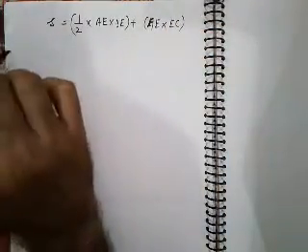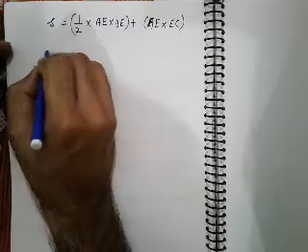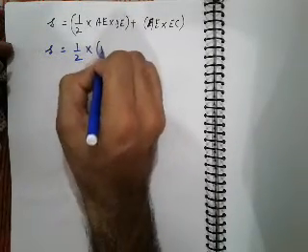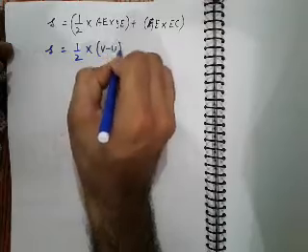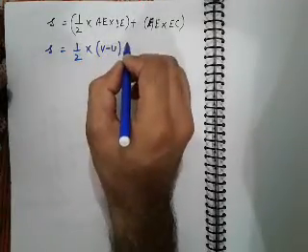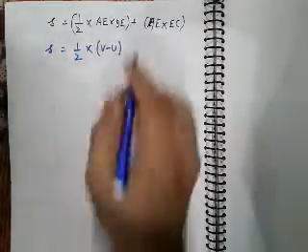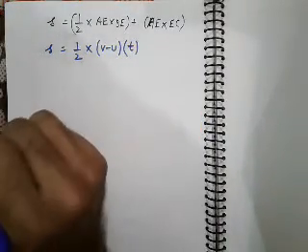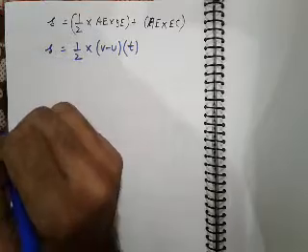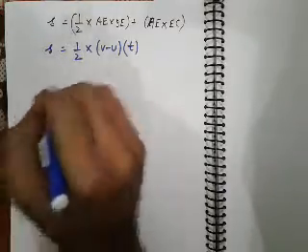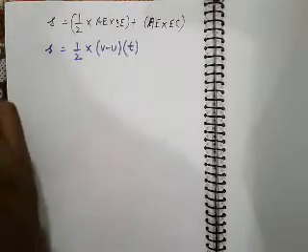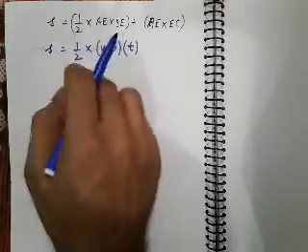That's it. Further, S is equal to half. What is the value of AE? The value of AE is V minus U. And the value of BE is time. Just go through the graph. The value of AE is V minus U and the value of BE is time, T.